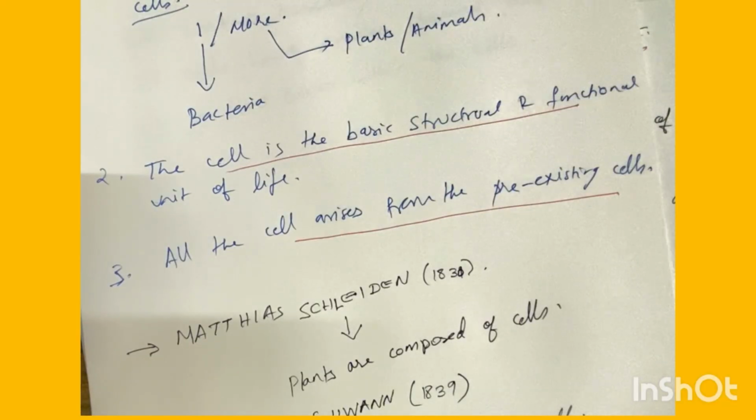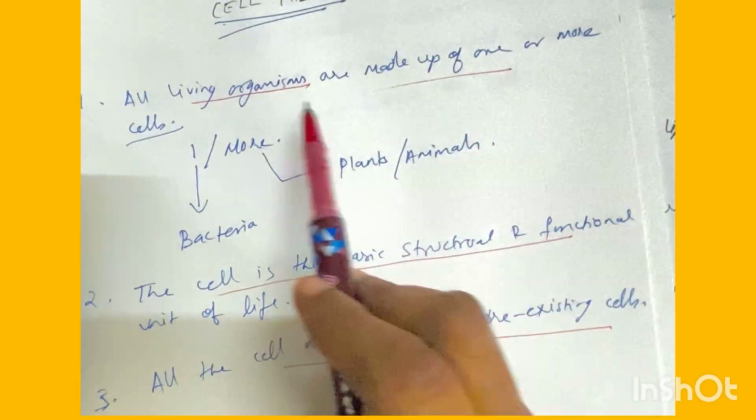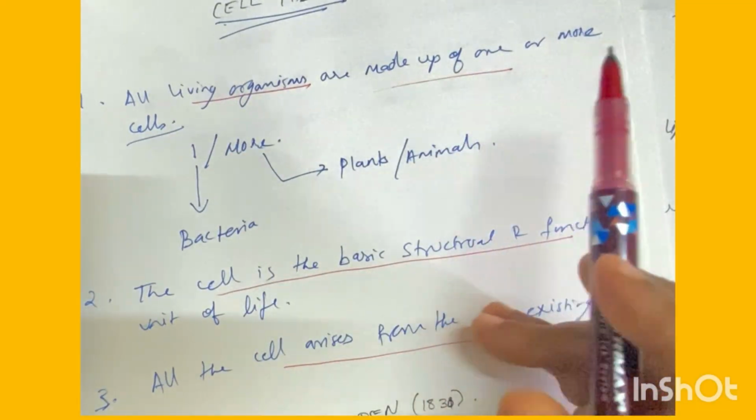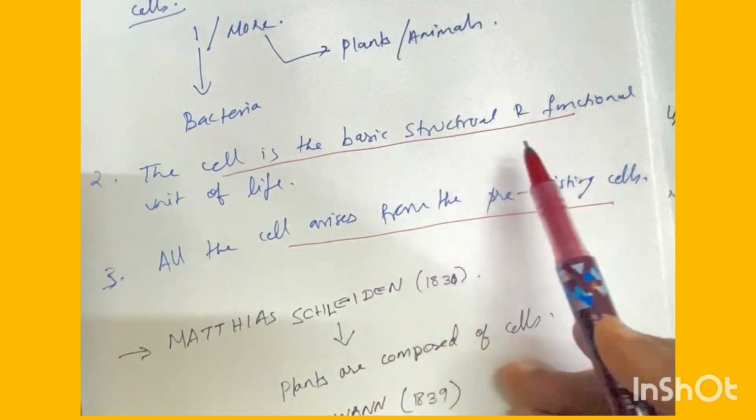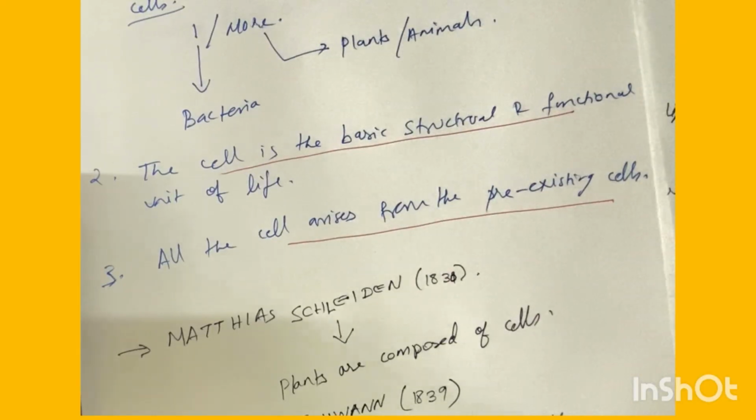So this is how you define the cell theory. All the living organisms are made up of one or more cells. Cell is the basic structural and functional unit of life, and cell arises from the pre-existing cells.